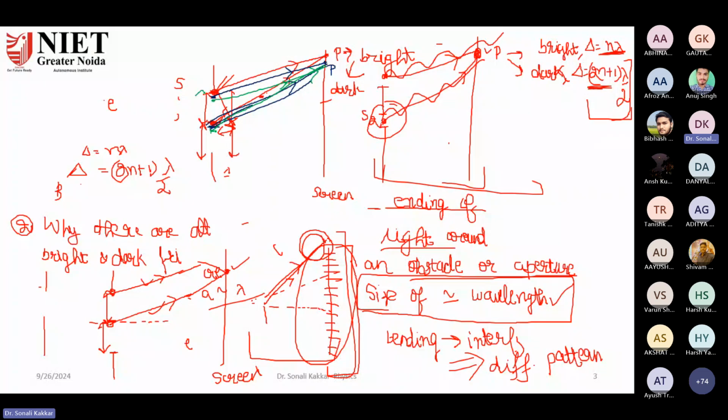So you can imagine all of the points of this portion superimposing over the corresponding points from this portion. Depending upon the path difference between the corresponding rays, point P will be bright or dark. There is some difference, I'll tell you later. Is this clear up to now? If there is any doubt, you can ask. Yes, ma'am.